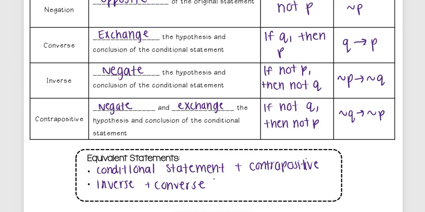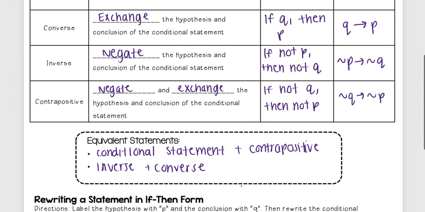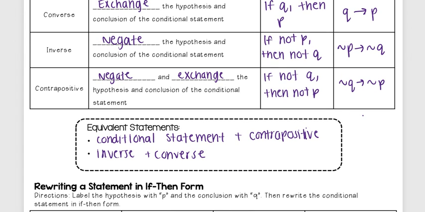So what I mean by equivalent is that if the conditional statement is true, then the contrapositive is true. If the conditional statement is false, then automatically the contrapositive will be false. And same with the inverse and converse. So either both true or both false.